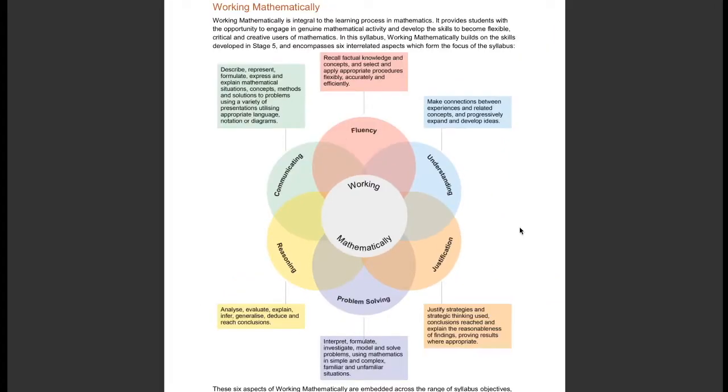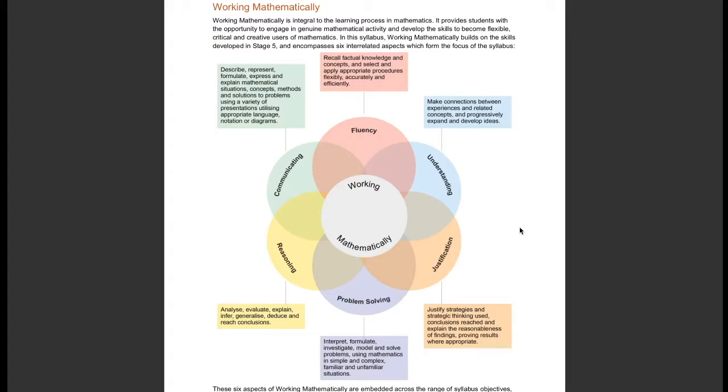Communicating. That is describe, represent, formulate, express and explain mathematical situations, concepts, methods, and solutions to problems using a variety of presentations utilizing appropriate language, notation, or diagrams. This is a major aspect of the syllabus.